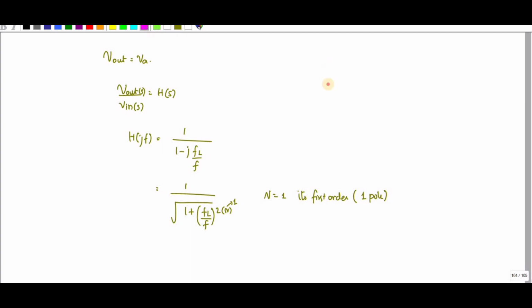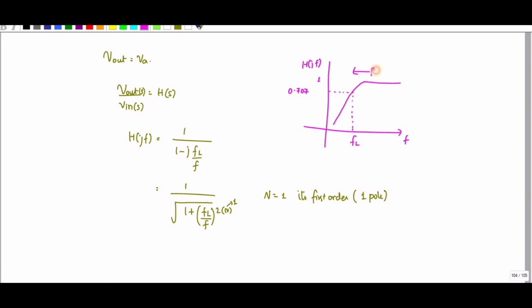If we plot the equation for F and H of JF, this is constant, it is nothing but 1. After that it starts to fall at the point called FL, and at this point the gain is 0.707.